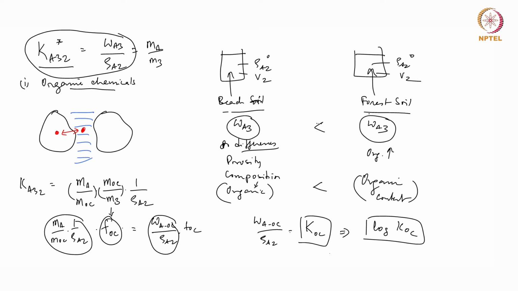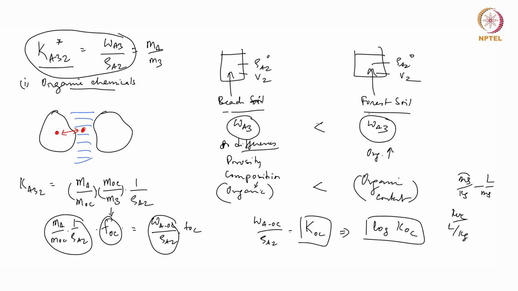So, instead of writing 10,000 and 20,000 and all that, they will just convert it to log of KOC. Again, KOC has units. The convention is that KOC is usually in liters per kilogram, because it is coming from milligrams per kilogram and milligrams per liter.